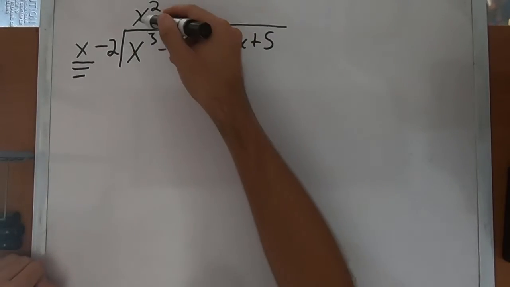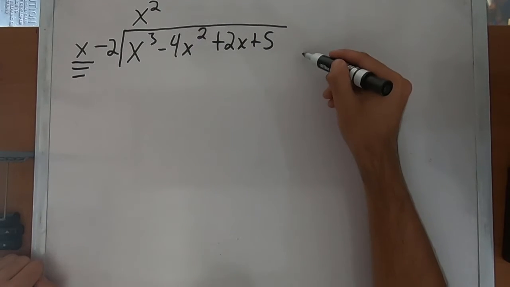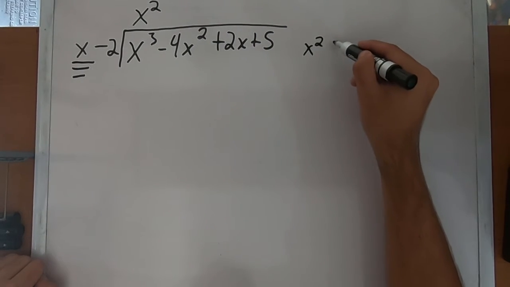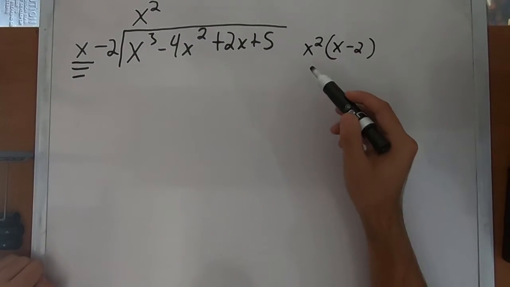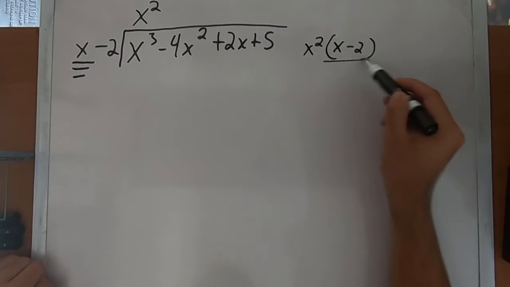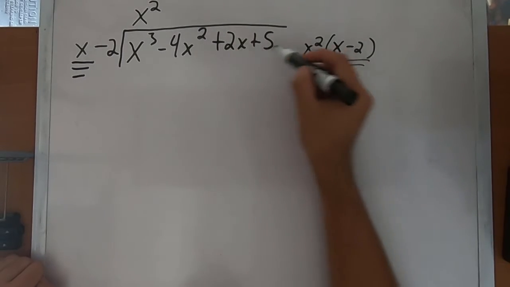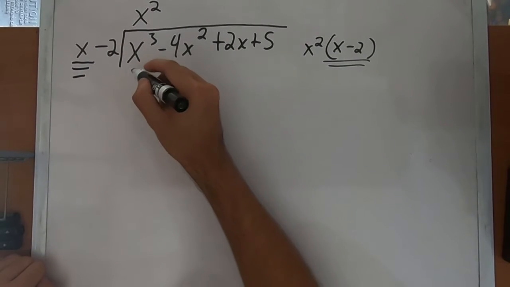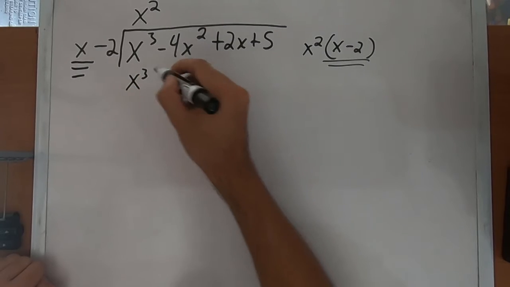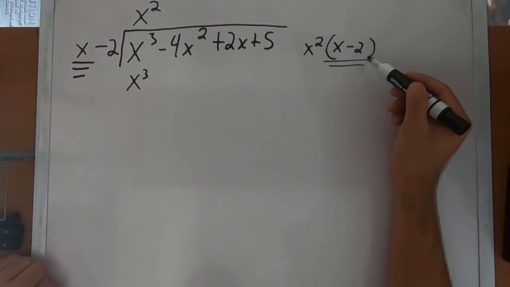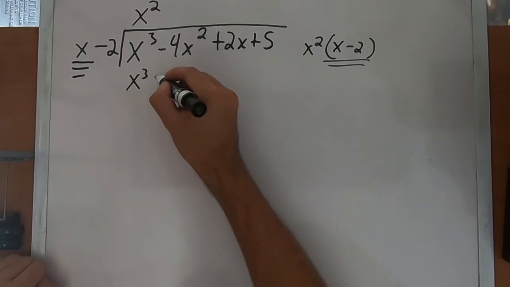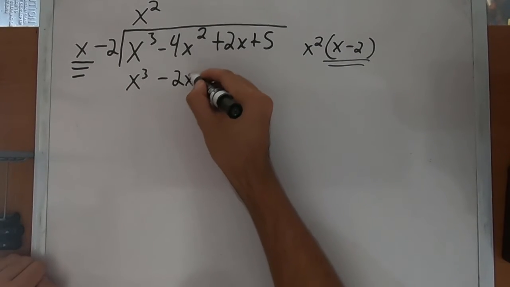Alright, so with this, x squared times x minus 2, you want to multiply it to the whole divisor. So x squared times x is x cubed. That's what we wanted. x squared times negative 2 is negative 2x squared.